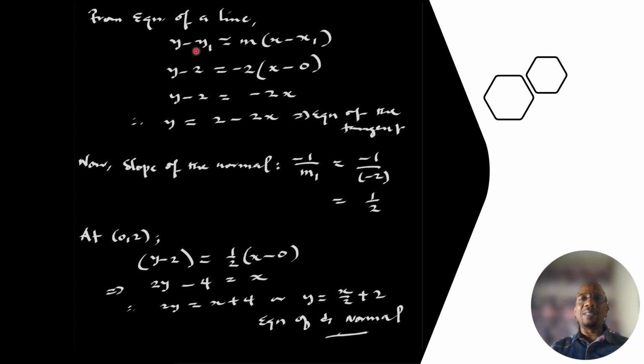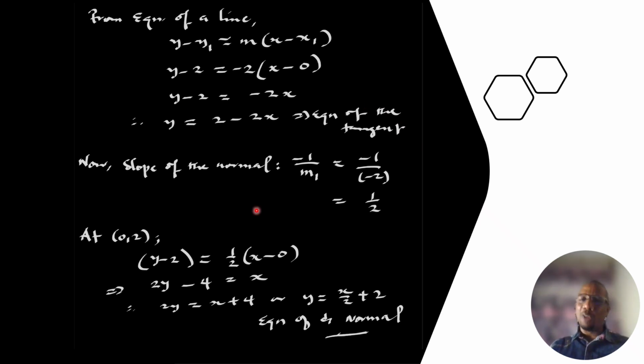This is another way of writing the equation of a line: y minus y1 equals m times x minus x1, where we have the coordinates x1 and y1. So we have y minus 2 equals -2x. This y equals 2 minus 2x is the equation of the tangent.